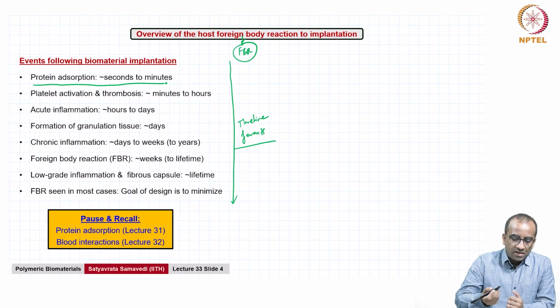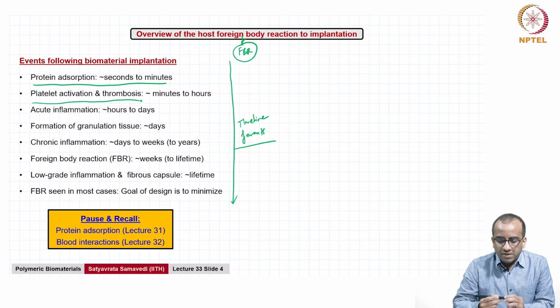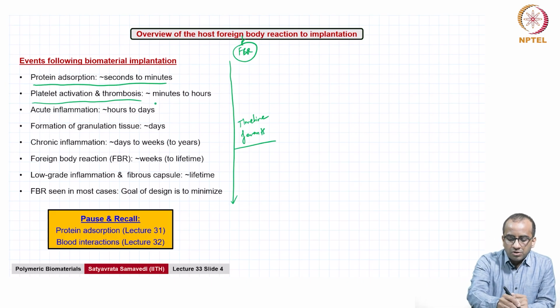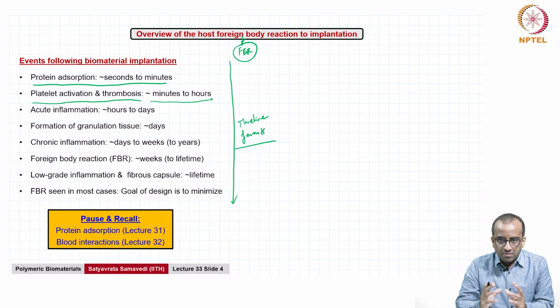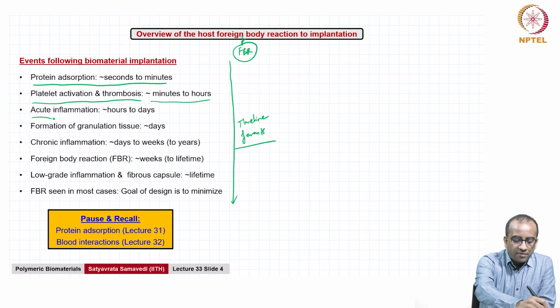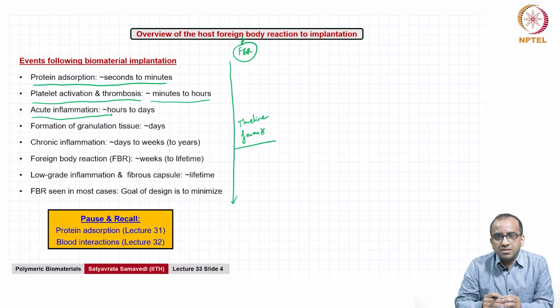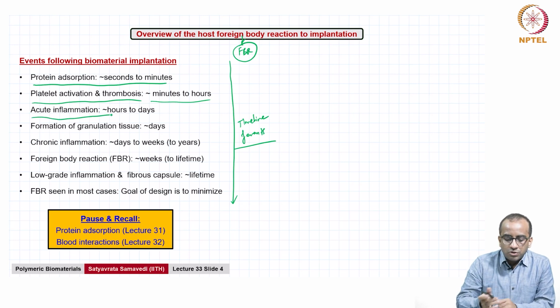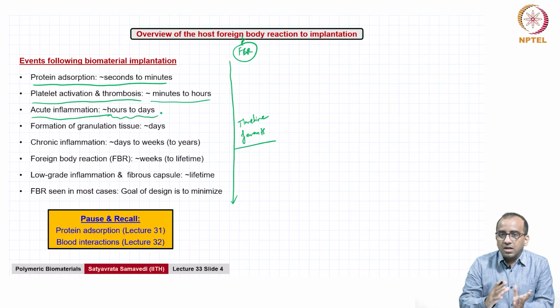The other important event that occurs is platelet activation and thrombosis, which we have seen in the previous lecture, which can last from minutes to hours. Clot formation, coagulation, all the way up to clot stabilization. All that could start over the course of a few minutes, but maybe stabilize around 3-4 hours. And thereafter, you're going to have a very distinct phase called acute inflammation, which is going to go from a few hours to several days.